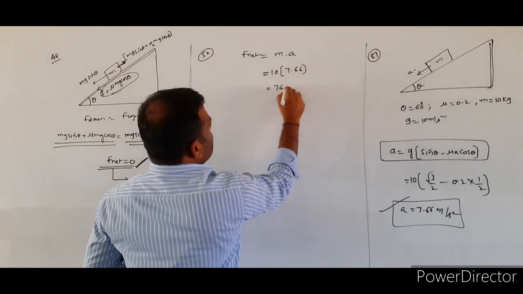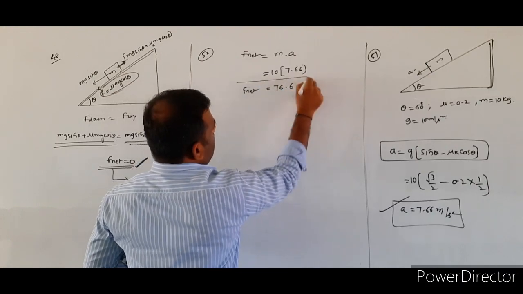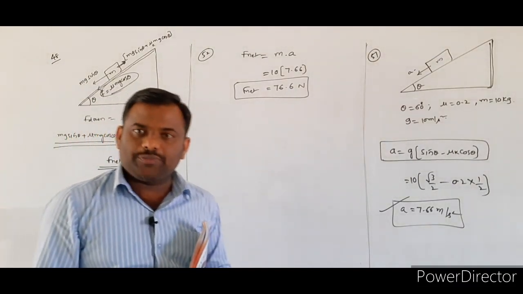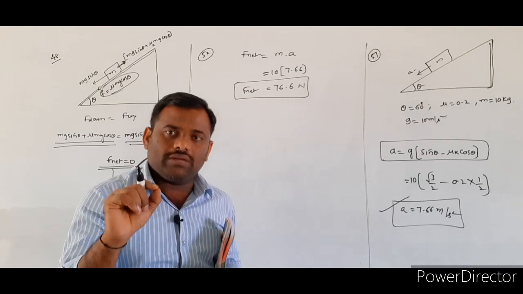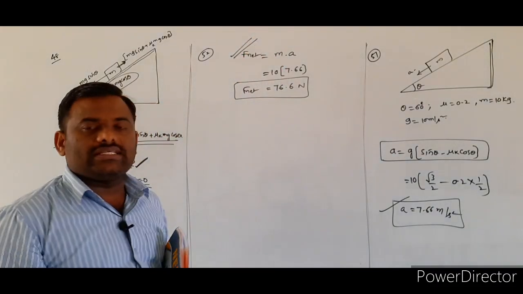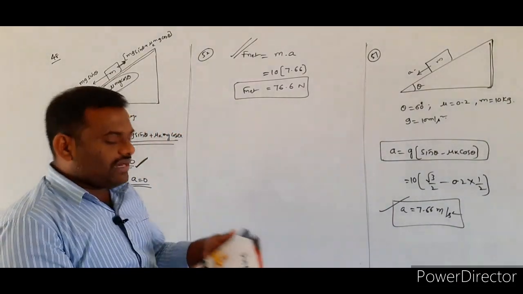Therefore, the net force acting on the block is equal to 76.6 Newton. So whenever you know the acceleration of a given block, according to Newton's second law, net force acting on the block is equal to mass into acceleration. So, that is about problem number 52.